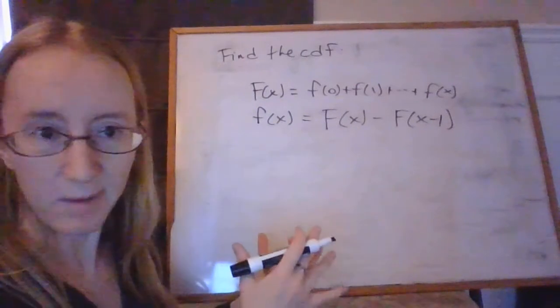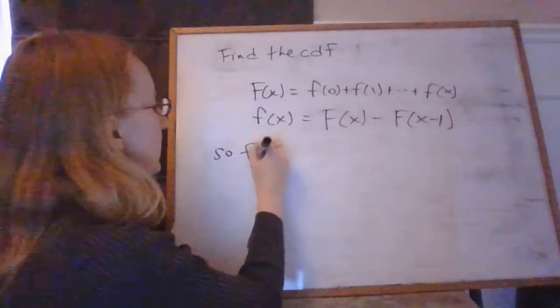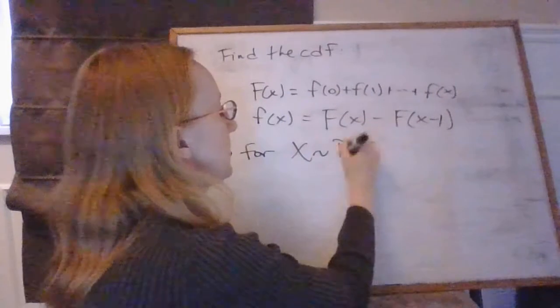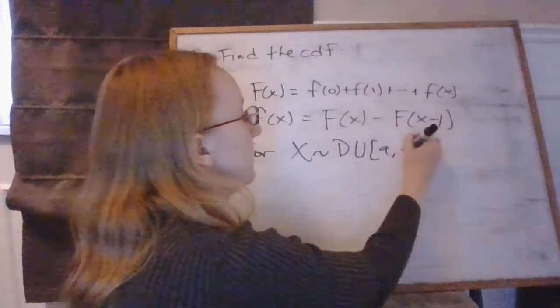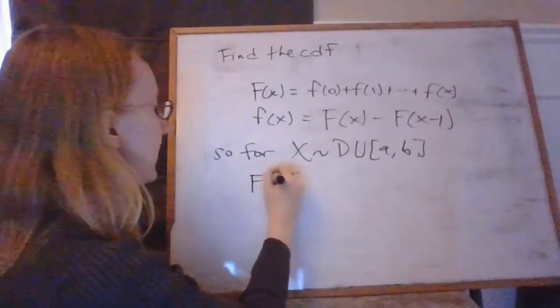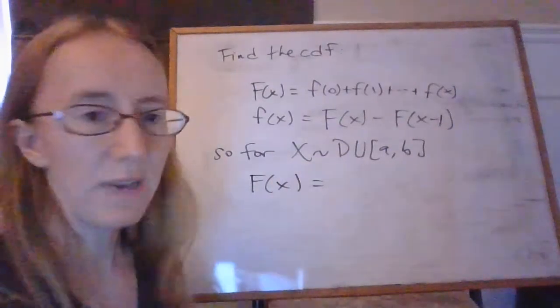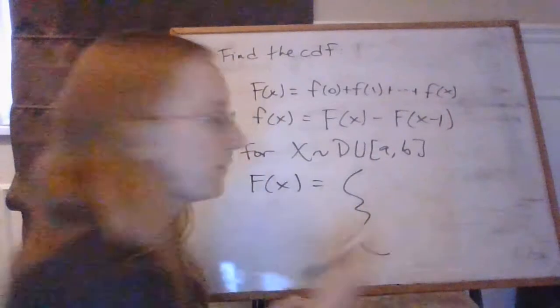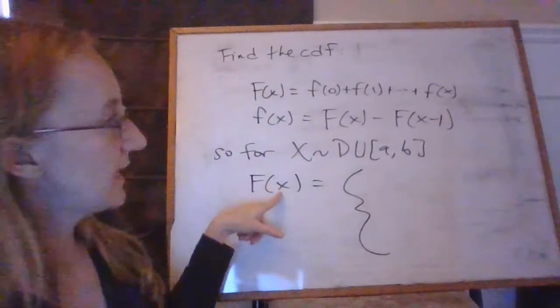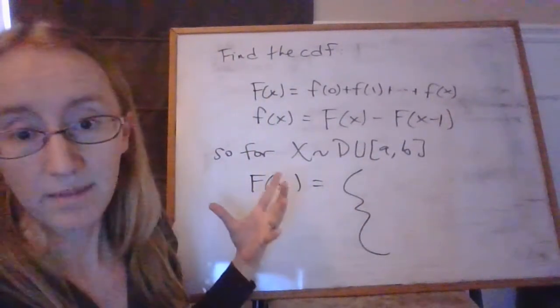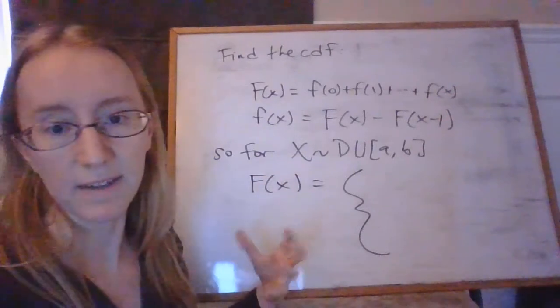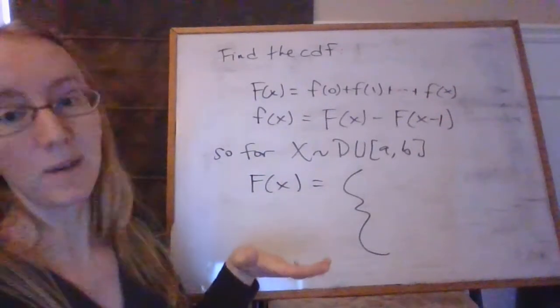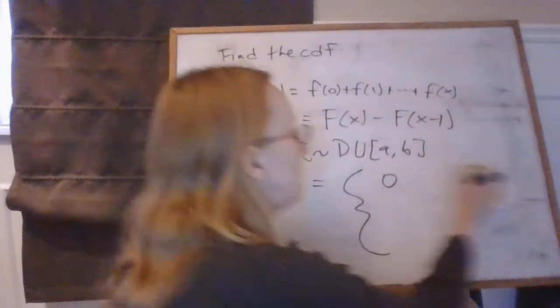So back to our uniform random variable, where x is a discrete uniform on a, b. If we want big F of x, we need to think about 3 cases. First of all, if x is less than a, less than the smallest value that the random variable can take on, for sure we know it's 0.